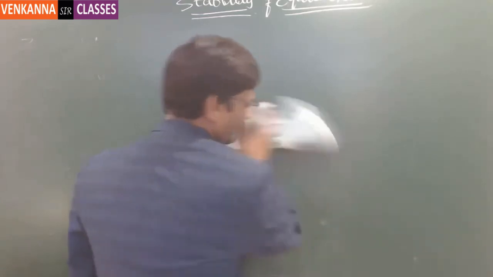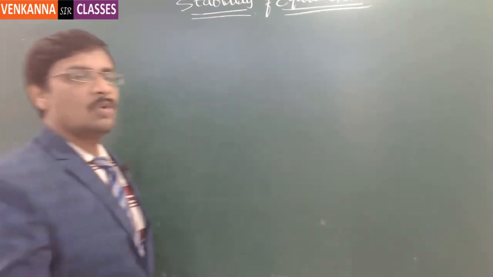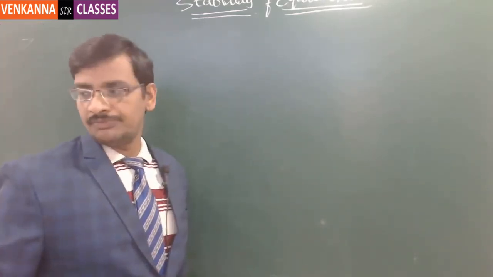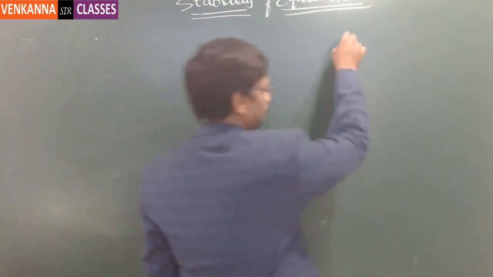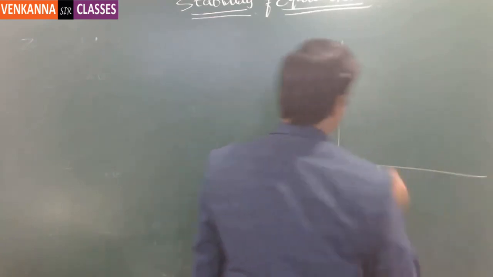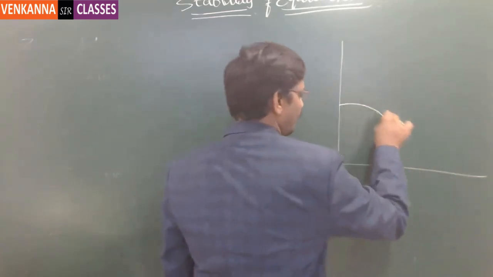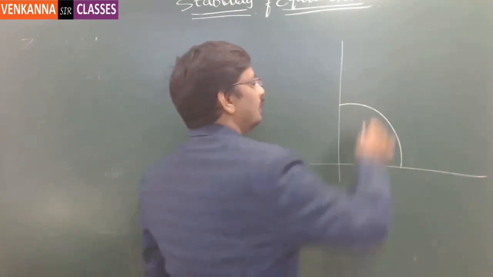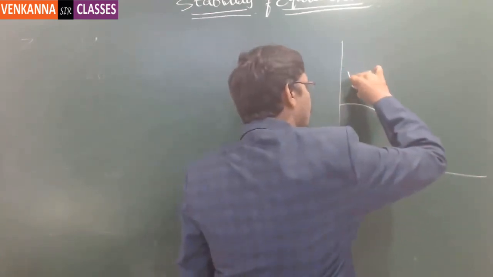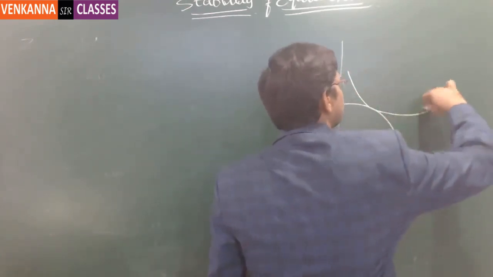Now we wanted to identify whether one body is stable on top of the other body. So I will draw the diagram here. Let us say there is one body like this, and then there is one more body which is just touching it like this.